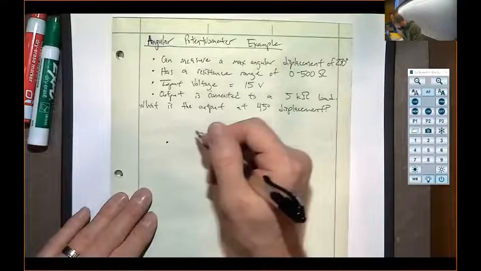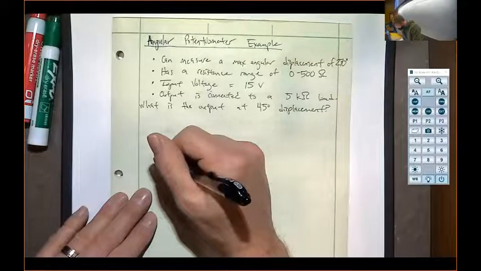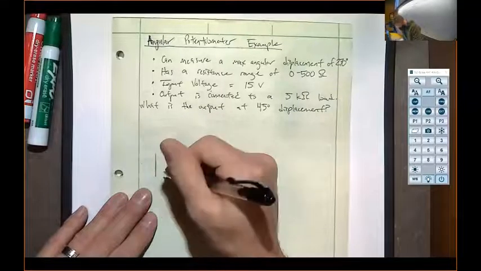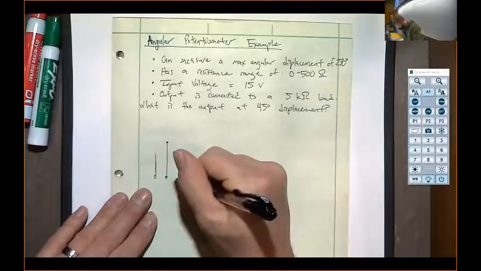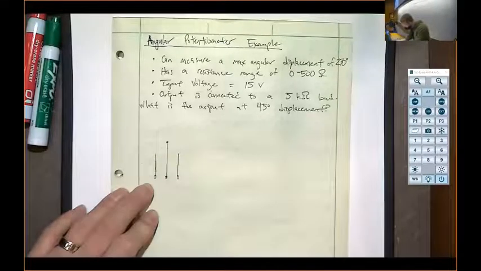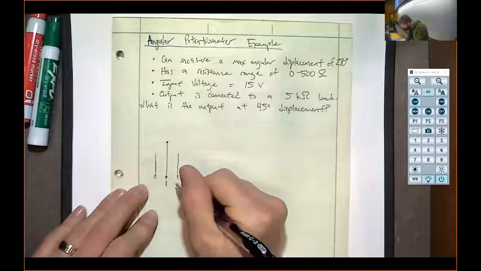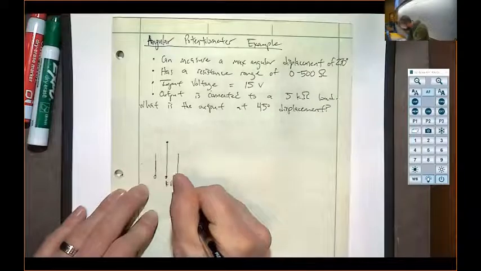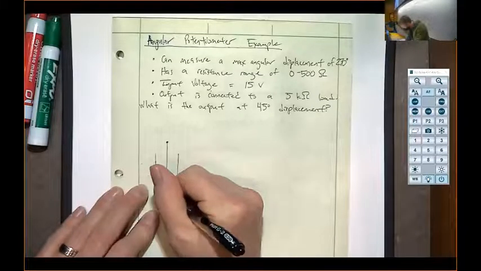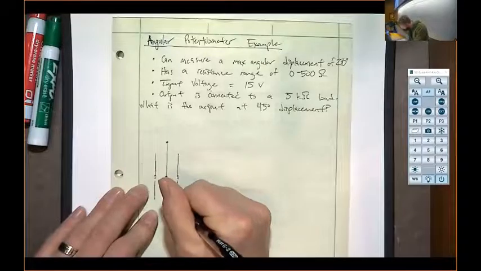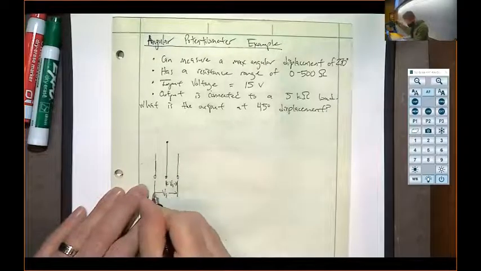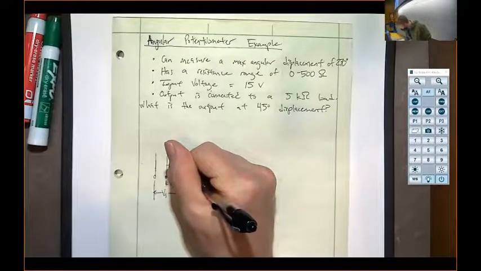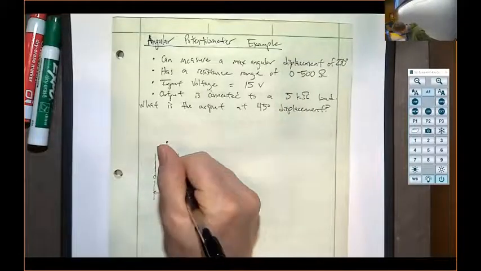So this is going to be our output voltage, and this is going to be our source voltage. And we have that 5 kilo ohm load here.